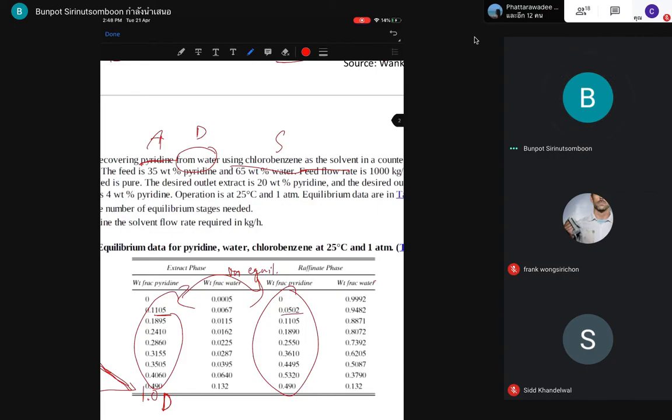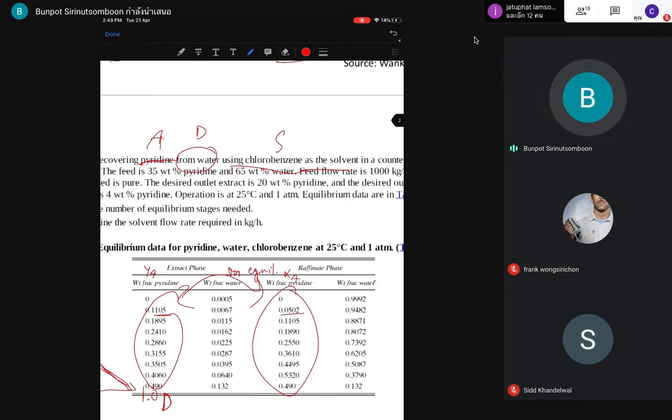So this one is the extract phase, YA, and this one is XA, and they are in equilibrium with each other.